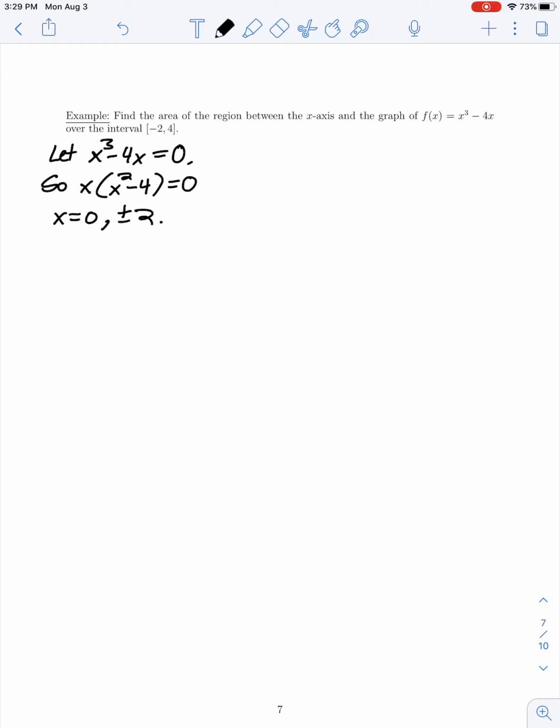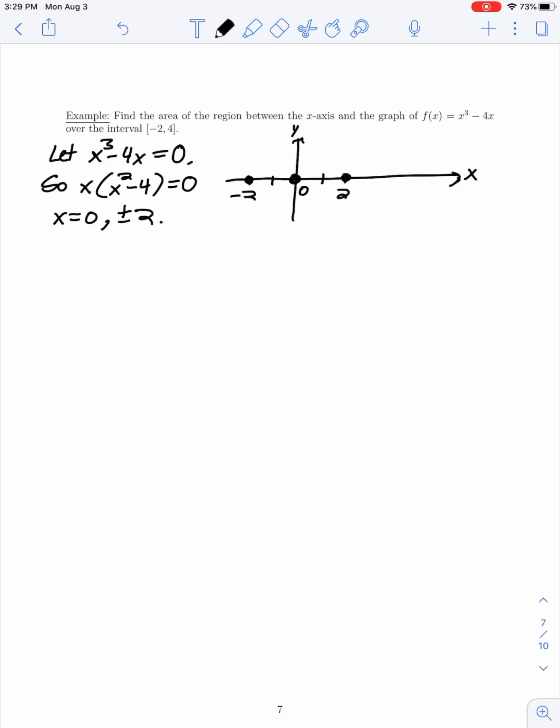So let's see if we can visualize our region, at least get a rough sketch of this graph. So we have seen that our function crosses the x-axis when x is equal to 0, when x is equal to -2, and when x is equal to +2.